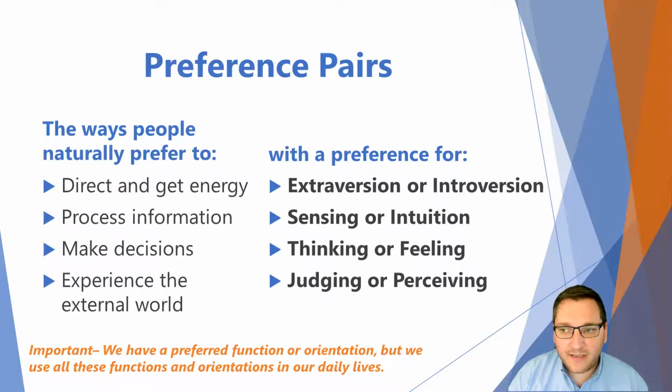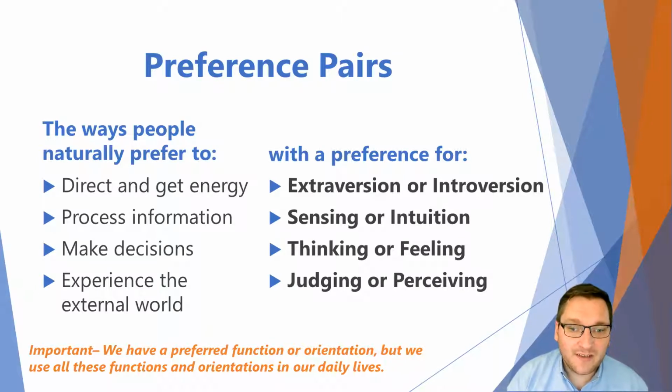Personality type theory, developed by Jung and others, has broken down human personality into four preferences or dichotomies that distinguish between our natural preferences for the following functions or orientations. First, where do we direct or receive our energy? Do we do that through extroversion or introversion? Which way do we process information?